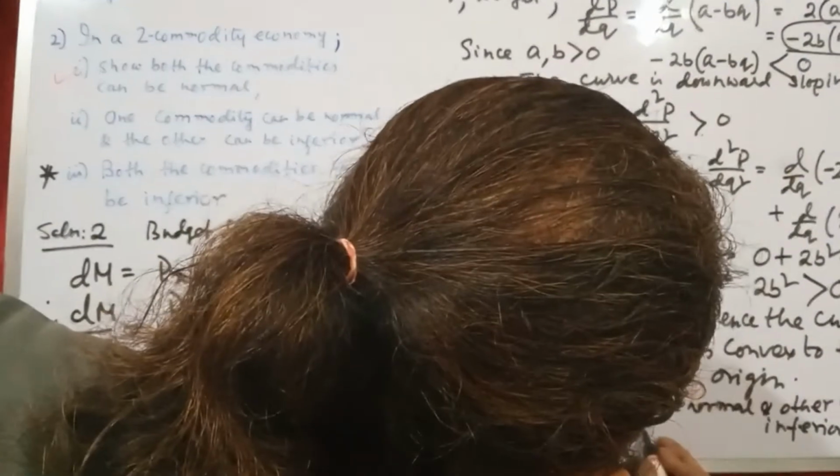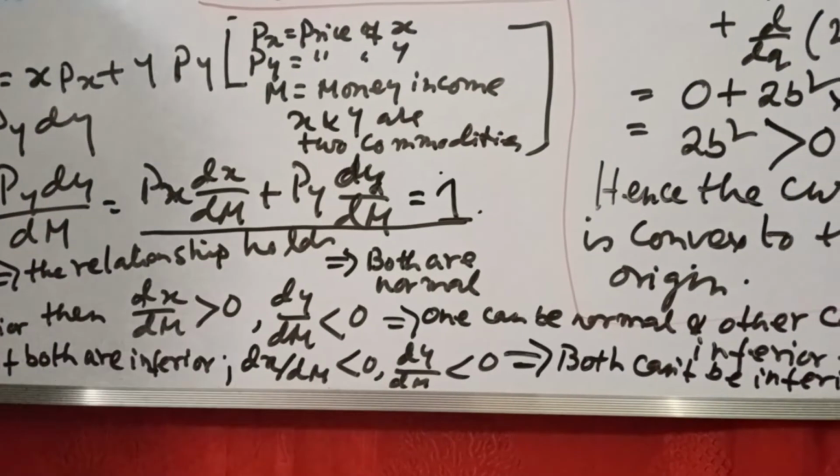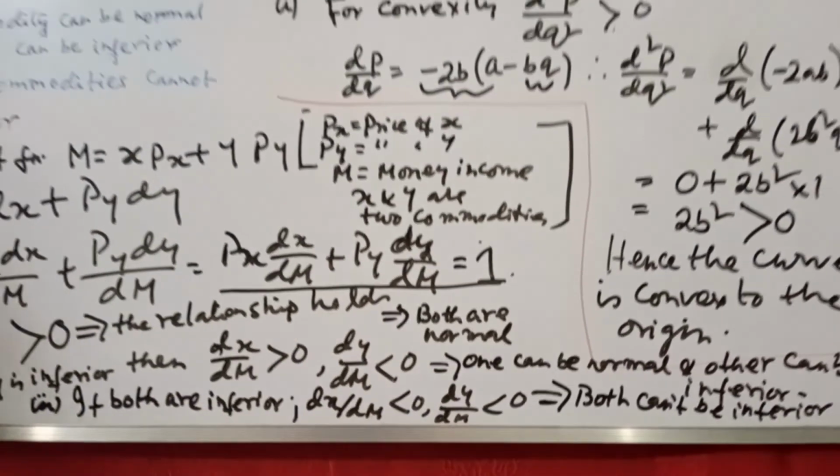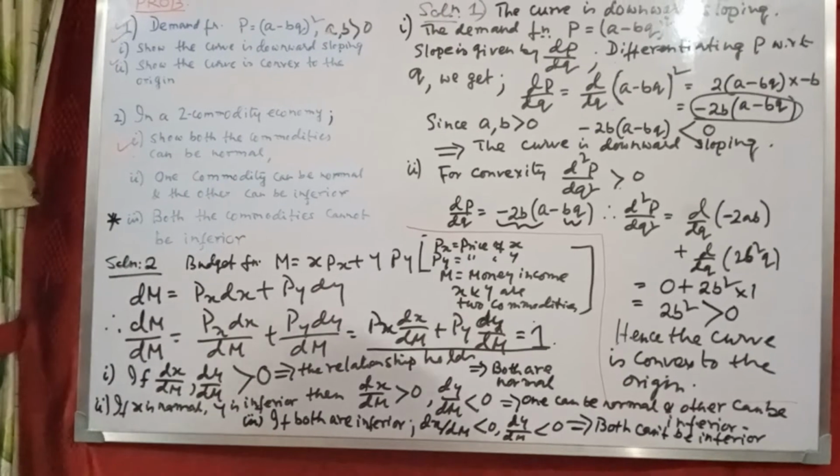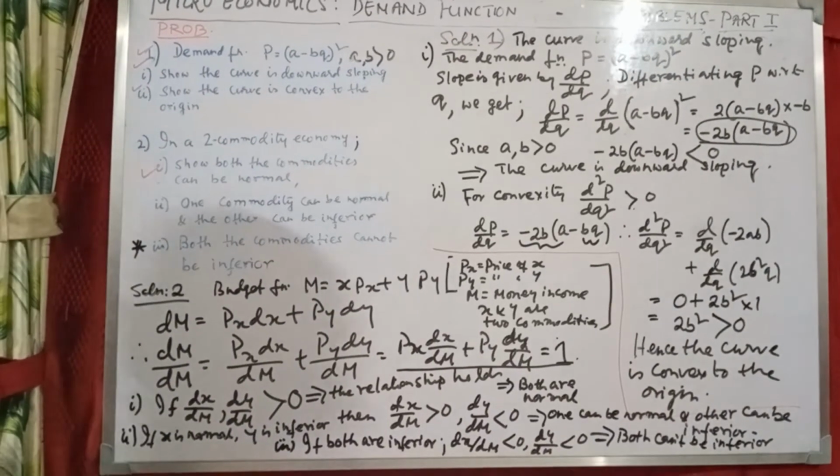Therefore, it proves both can't be inferior. Both the goods cannot be inferior. Correct? So all the parts are solved.